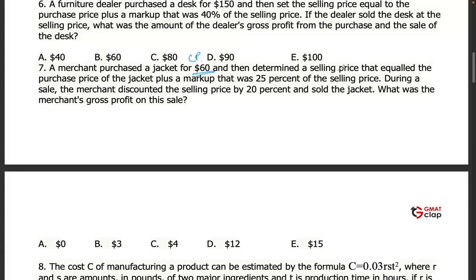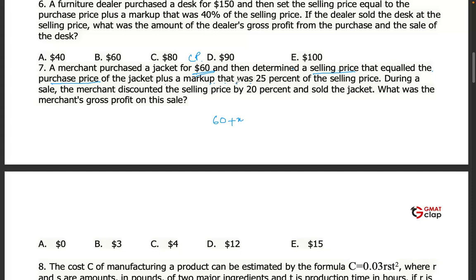And then determined selling price that equals the purchase price of the jacket plus markup. So CP is 60. Let's say markup is X. That was 25% of the selling price.